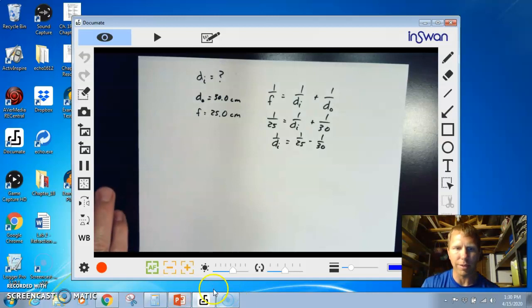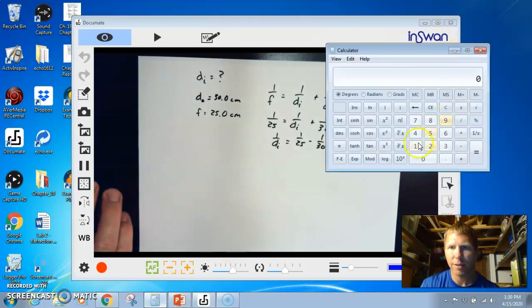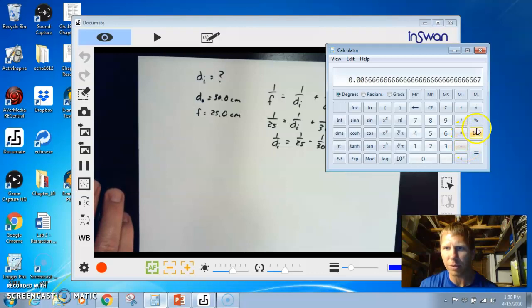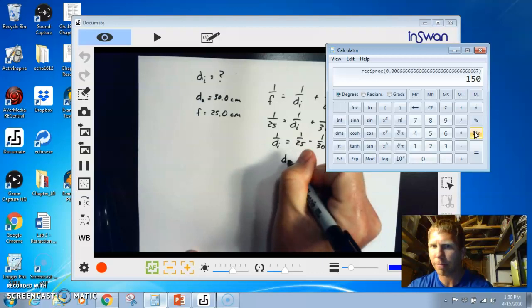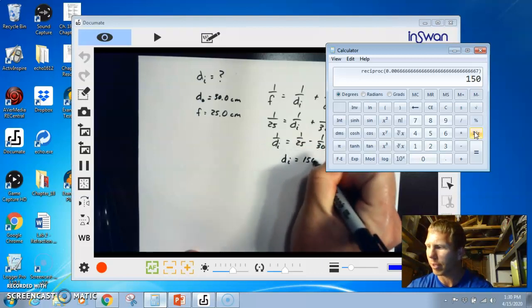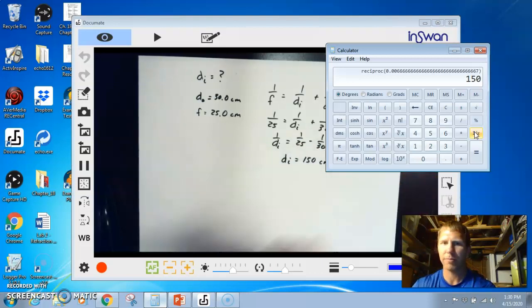Okay, so get our calculator out, and we take 1 divided by 25 minus 1 divided by 30, and we would get that as our answer. And then to flip that over, we use the 1/x button, and we'd find that di is 150 centimeters away.